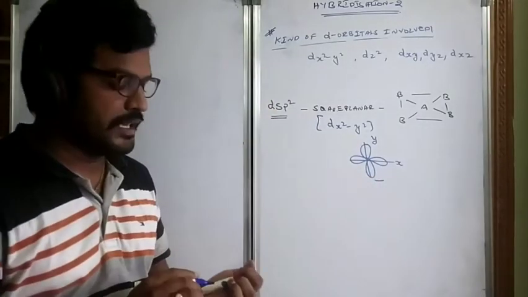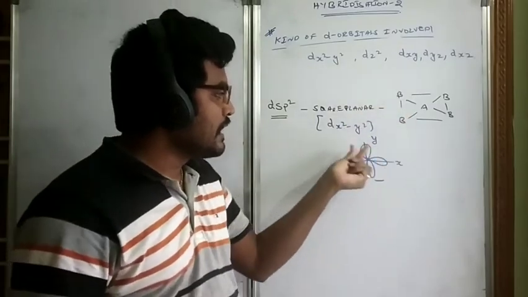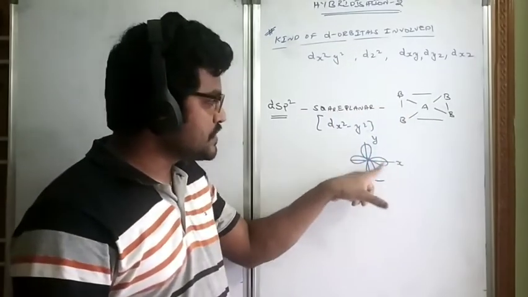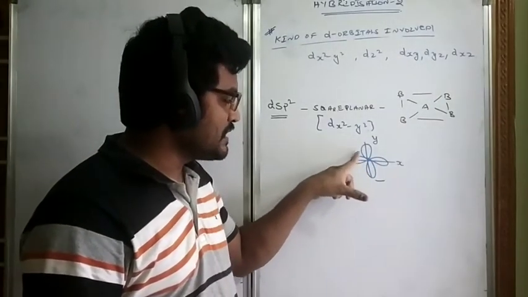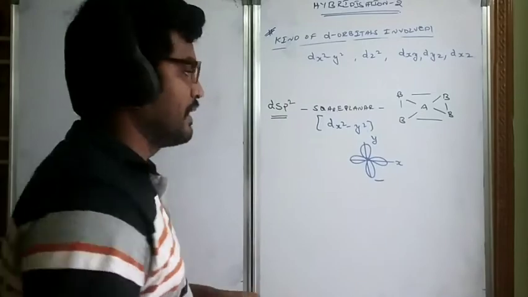So that's why in dsp2 hybridization the dx square minus y square orbital is involved. The lobes are present in the corners of a square, and here also the lobes are present in the corners of a square, and only one orbital is involved in dsp2 hybridization.